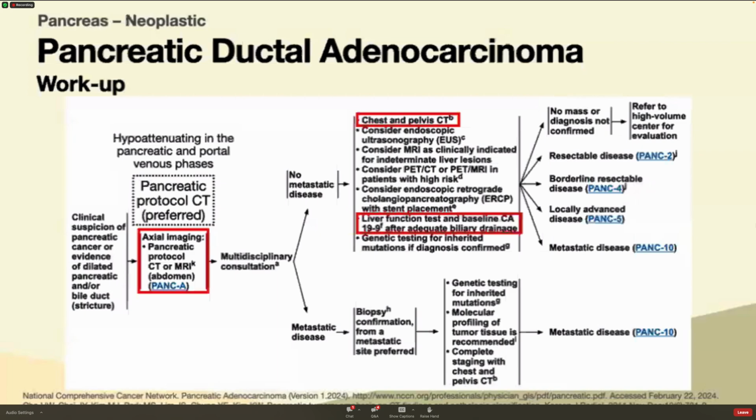The lesion appears as a hypoattenuating solid mass in the pancreatic and portal venous phases. Additional workups needed include chest and pelvic CT scan and also liver function tests and baseline CA19-9 after adequate biliary drainage.